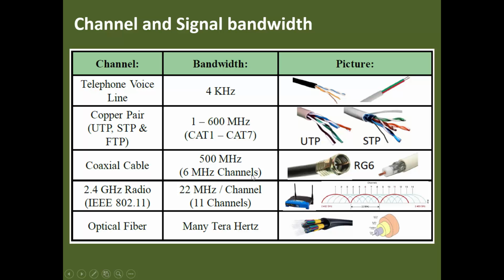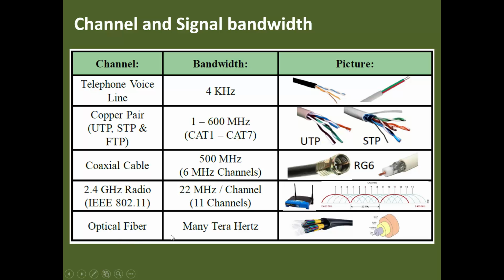We can segregate the whole bandwidth. For the 2.4 gigahertz radio frequency, it is 22 megahertz per channel, so 11 channels can be offered. If you use this frequency range, the wireless channel will offer 22 megahertz, 11 channels.